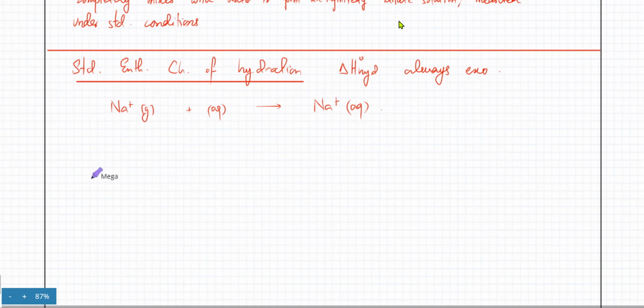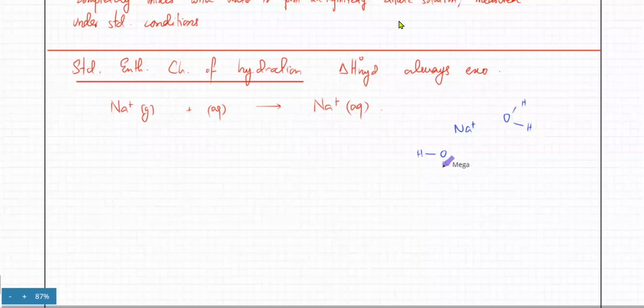The Na plus 1 and the water molecules are going to attract each other when they dissolve. There's going to be a force of attraction, there's going to be bonds forming. The Na plus 1 would be attracting all the polar water molecules. So here are your water molecules, which are obviously polar.